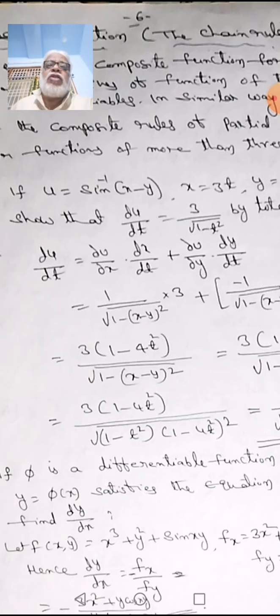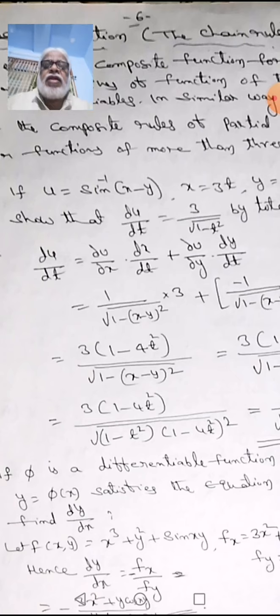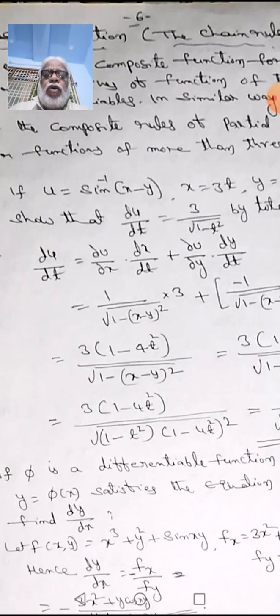Otherwise, by using total differential equation, we use this to find the derivative. So what is du by dt? By the total differential equation chain rule, du by dt is equal to ∂u/∂x into dx/dt plus ∂u/∂y into dy/dt.